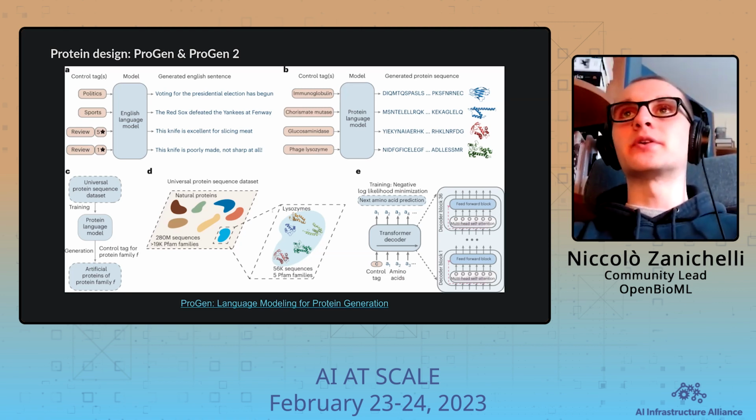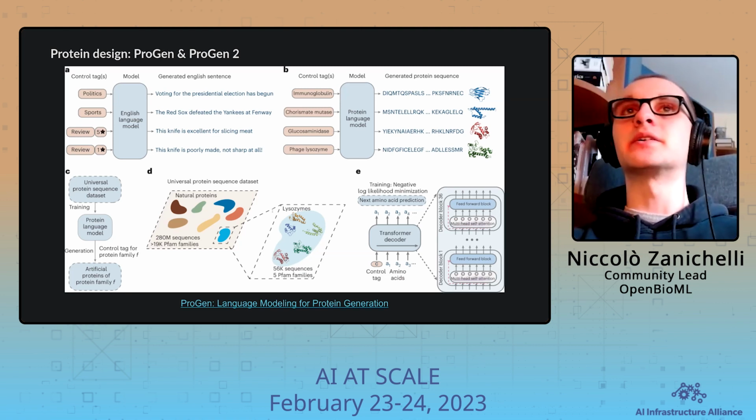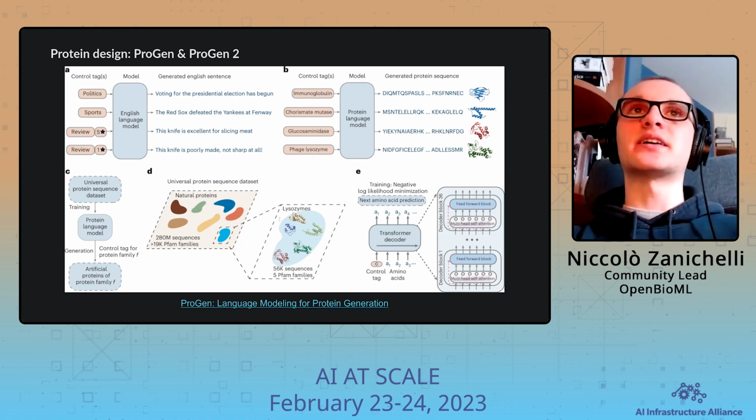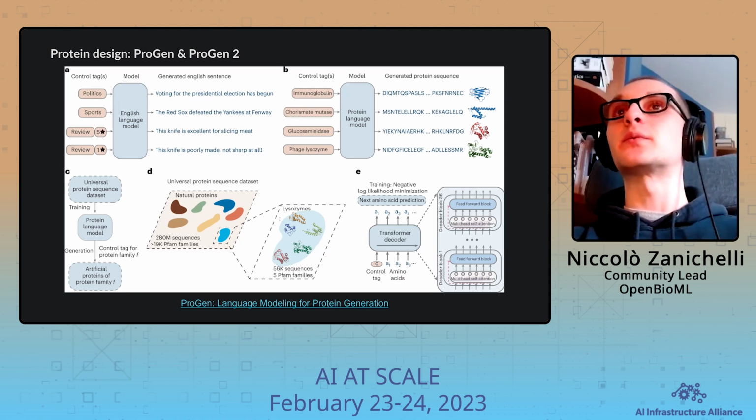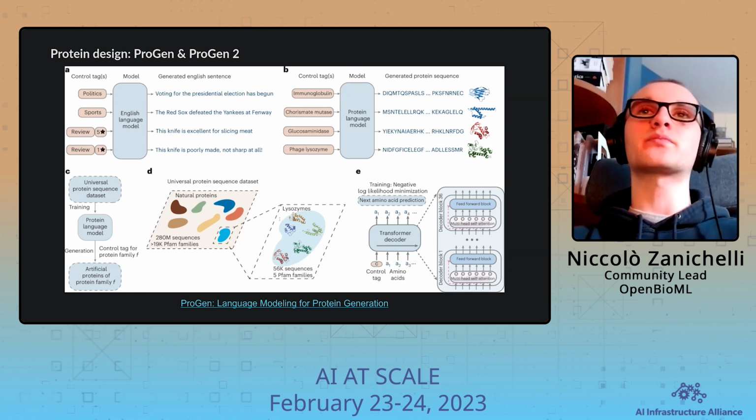From an architectural point of view, it is a transformer decoder like GPT, unlike ESM, which is a transformer encoder like BERT. The model is trained on an enormous dataset of over 280 million protein sequences, which allowed it to learn complex patterns about the relationship between protein characteristics and amino acid sequences.